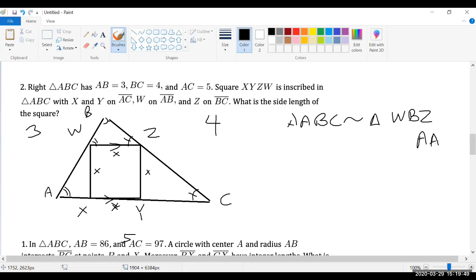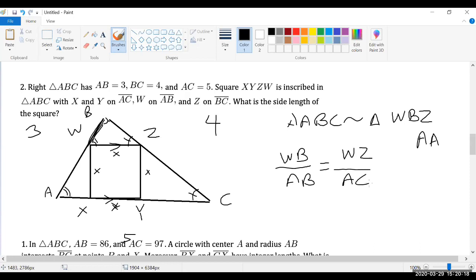So we have WZ is x, and we're looking for, let's say, WB. So WB over AB equals WZ over AC, right? Because that's how the proportions come into play.